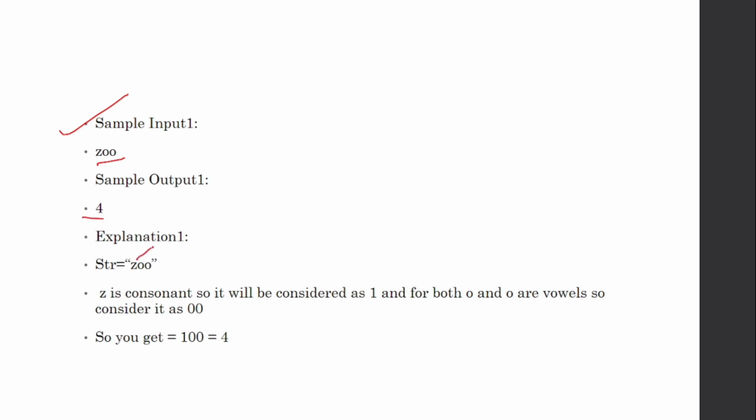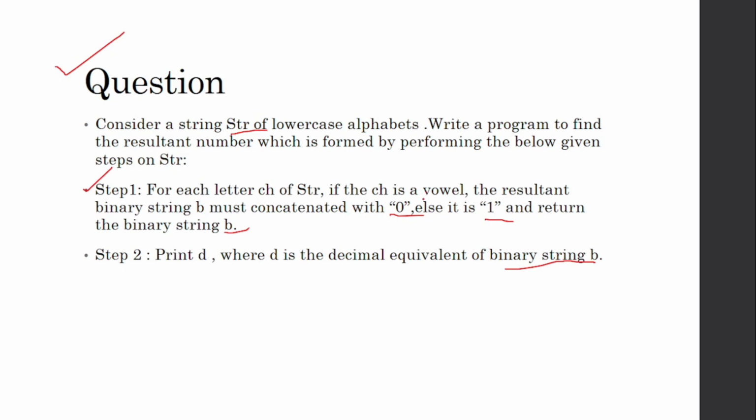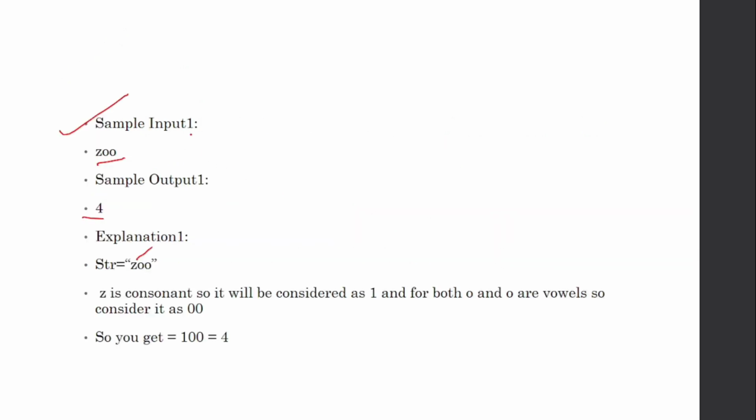I have already discussed in the question that for vowels you will get 0 and for consonants you will get 1, right? So Z is a consonant, that's why you will get 1. And O is a vowel, so you will get 0 and 0, means 1 0 0 is 4. Okay, I think it's clear.